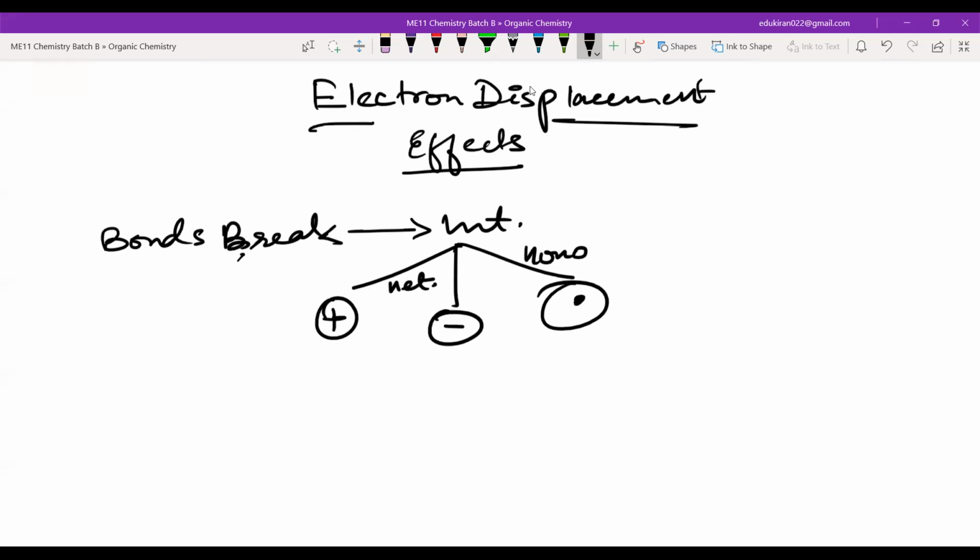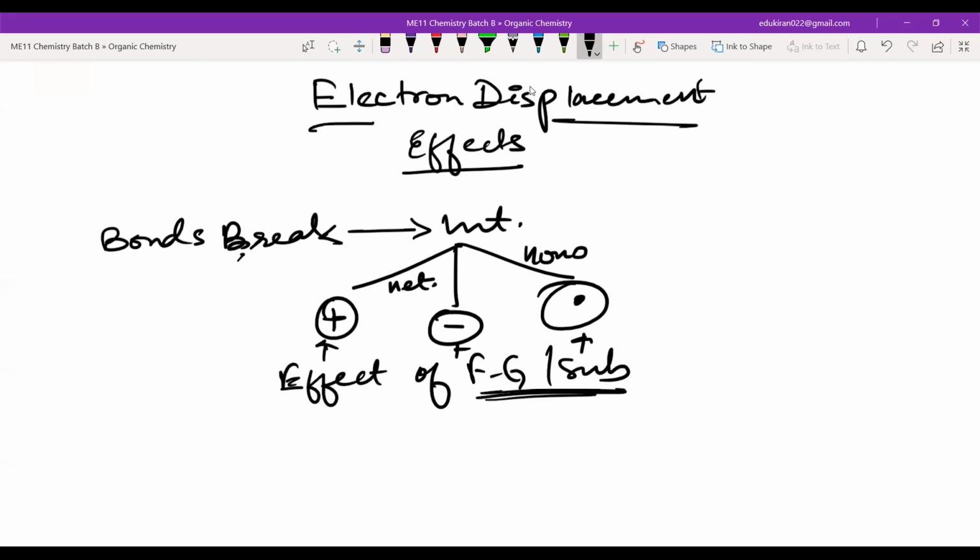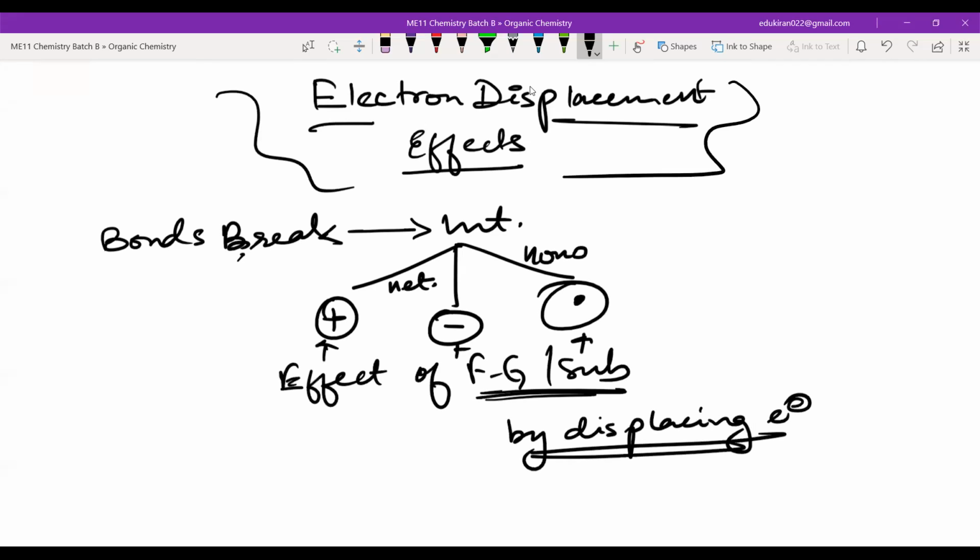Now, we wanted to look at the effect of functional groups and substituents on these intermediates. We saw that the functional group and substituent affect the intermediates by displacing electrons, and hence we will be looking at the electron displacement effects in the next class.